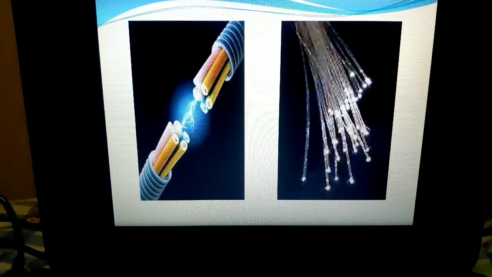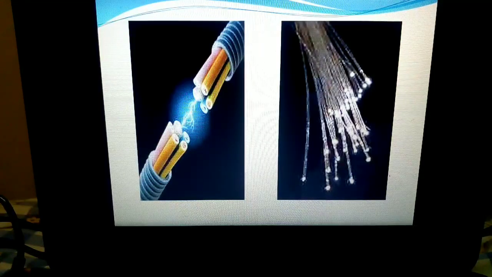When it provides 100 gigabits per second, obviously the transmission would be very fast. You can experience a good internet connection. For example, the twisted pair hardly has 1 megabit per second to 10 megabits per second, whereas coaxial has 100 megabits per second. When it comes to fiber optics, it is about 100 gigabits per second.